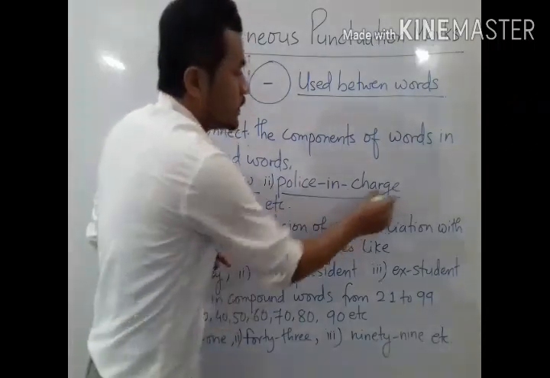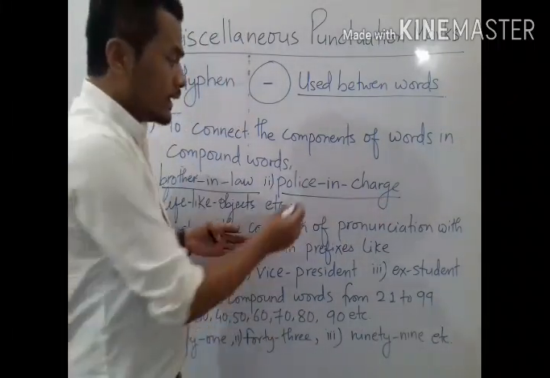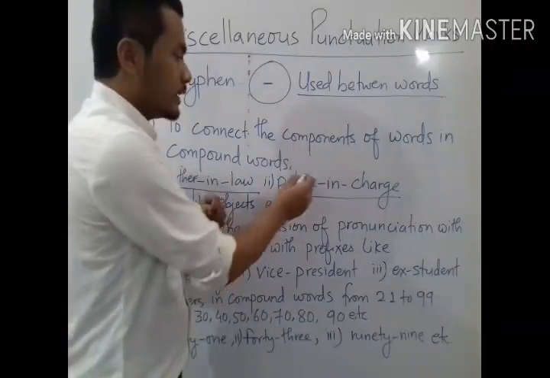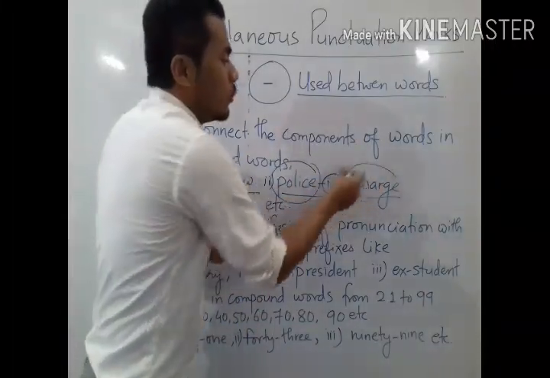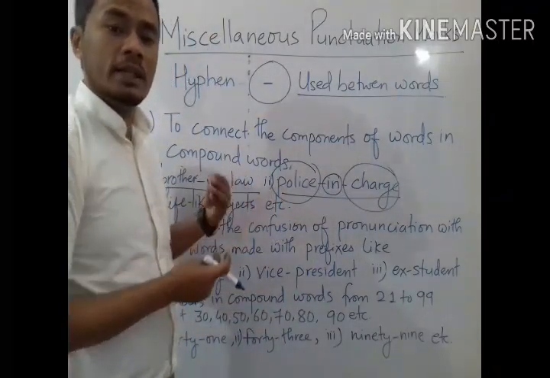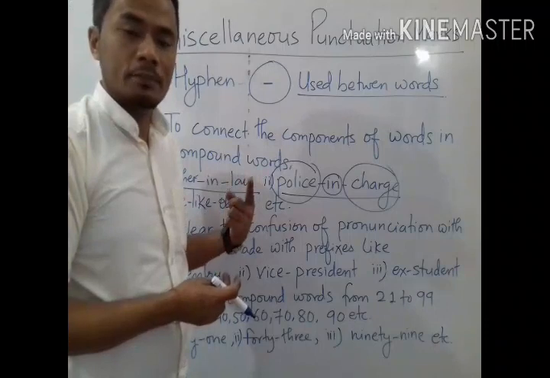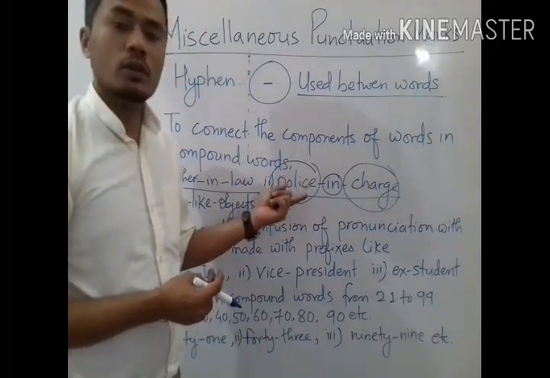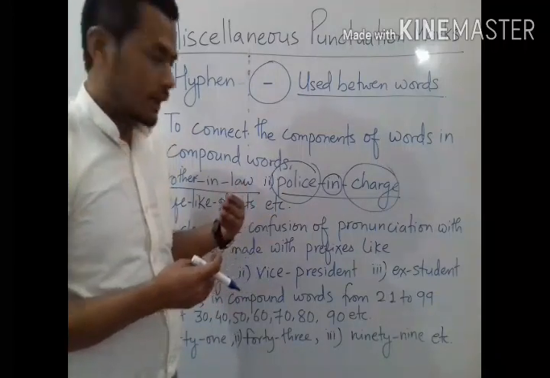This is also a compound word, and these three components together have made one compound noun. To relate these three words and make one concept, I have used a hyphen to connect each word together.